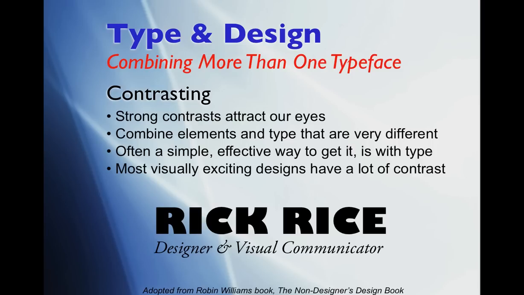Often a simple, effective way to get it, of course, is with the type, and certainly that needs to be considered because, once again, remember that on most printed pages, and in my opinion, it's one of the main things that makes visual communication very distinct from, let's say, fine art.